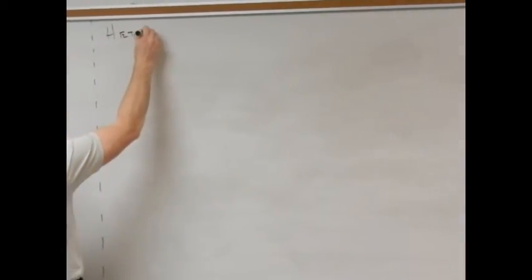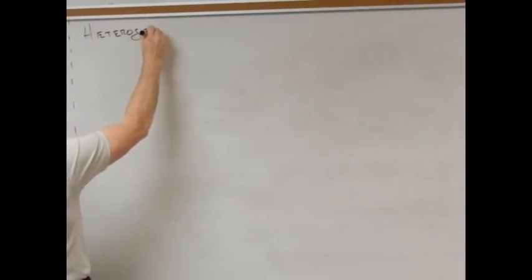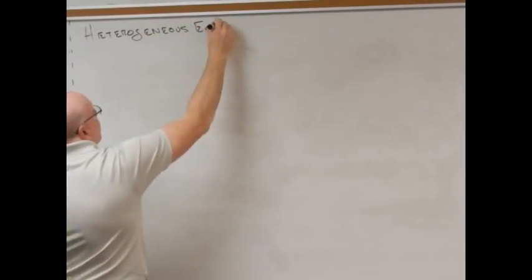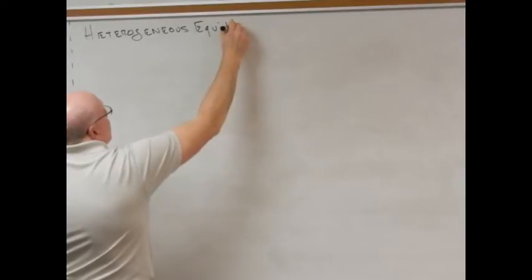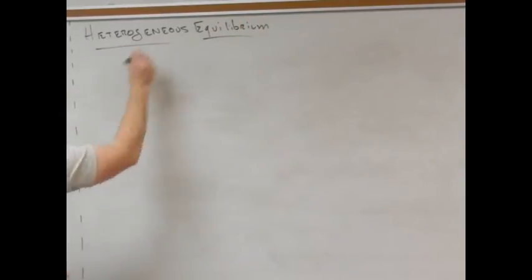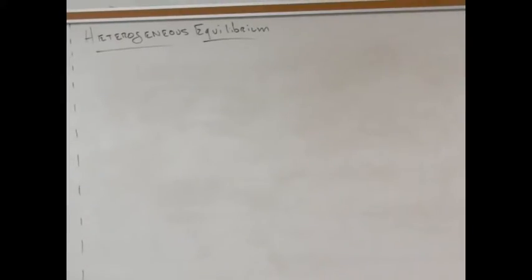There's much more going on. In a heterogeneous equilibrium, the easiest way to look at it is to look at a reaction and talk about what makes the cut and what doesn't.